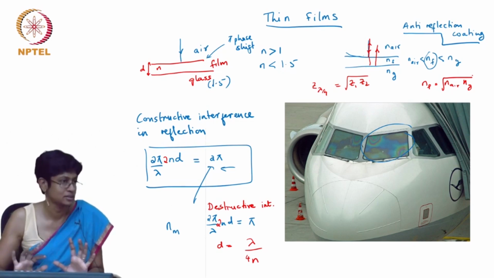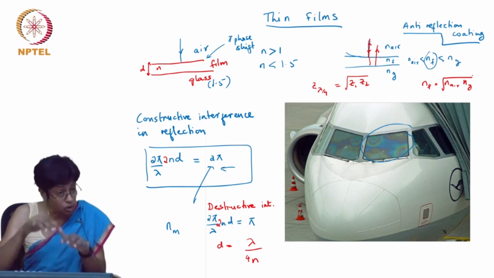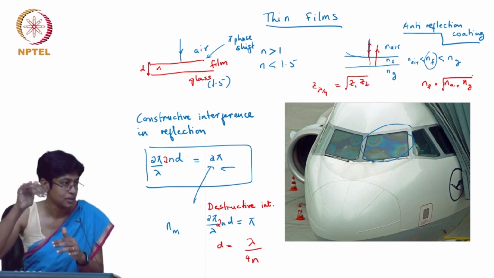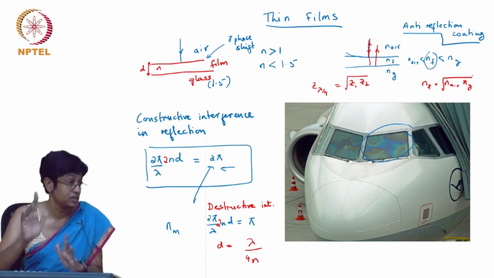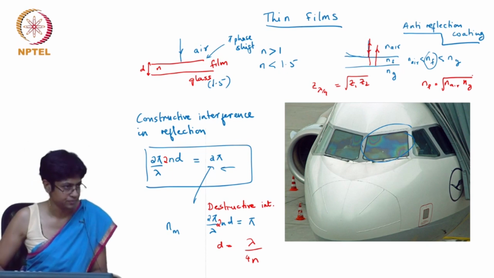Okay, there's a whole science to calculating how many films, which refractive indices. They may all be lambda by 4 thickness, but you need to have different refractive indices. There's a whole science to that.